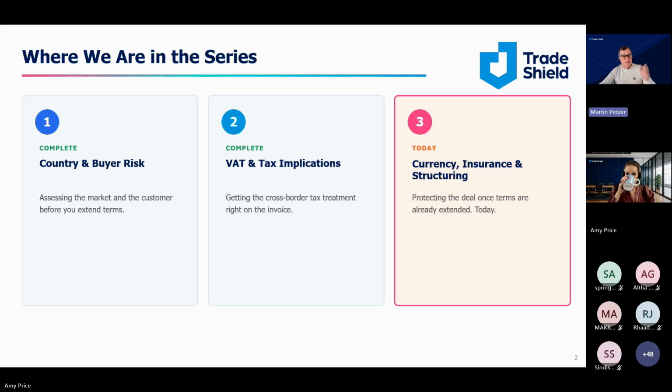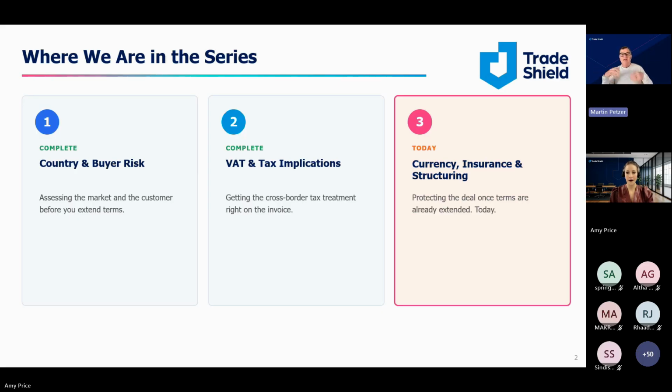Amy, it's very important to look at the 3 stages that you've gone through. The first stage is saying, okay, the country is good and the buyer is good. That might not be the end of your risk. The next risk is your VAT and tax implications. Although you've passed the first one, you've got to make sure the second part is working. And then the last part: the country could be good, the buyer could be good, the VAT and the tax could be good.